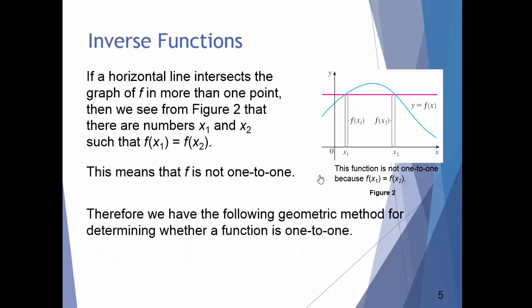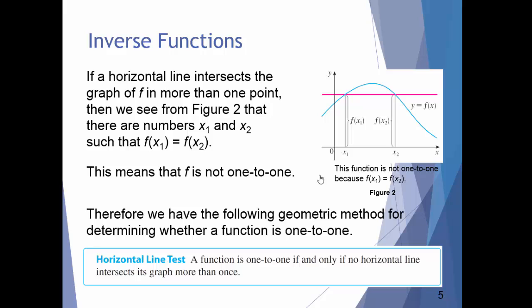So what we have then is a geometric method for determining whether a function is one-to-one. It's what we call the horizontal line test. It says that a function is one-to-one if and only if no horizontal line intersects its graph more than once. This should sound a little familiar. If you remember the way we tell if a graph is a function, not a one-to-one function, but a function, we have a vertical line test.